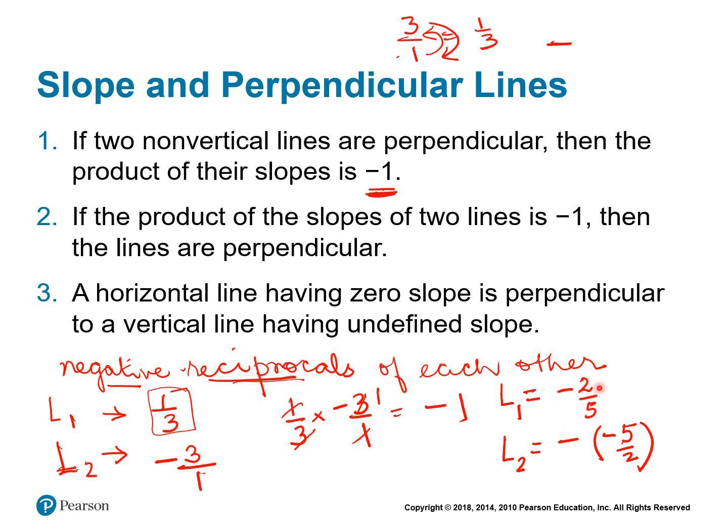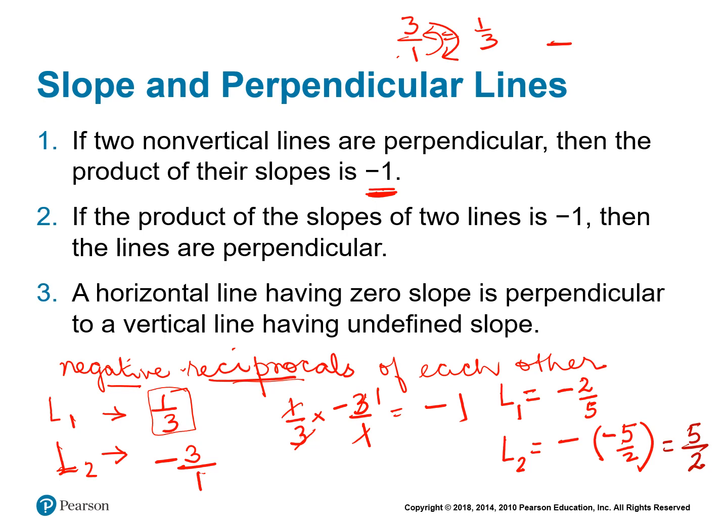The reciprocal of -2/5: you flip the numerator and the denominator, so the 5 goes to the numerator and the 2 goes to the denominator. The minus sign is there, correct? So we got the reciprocal of -2/5 as -5/2, and then it's the negative, because I said it's the negative reciprocal, so it's the negative of -5/2, which makes it a positive. Negative negative becomes a positive, so it becomes +5/2.